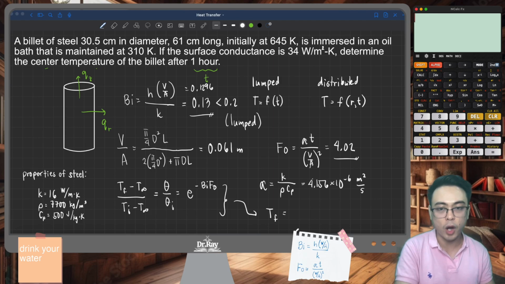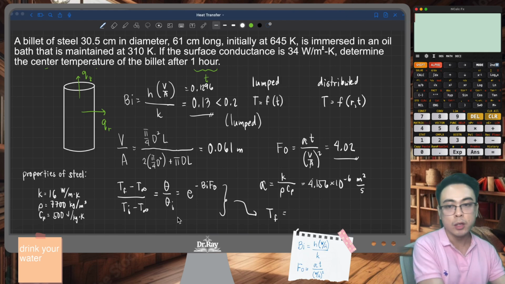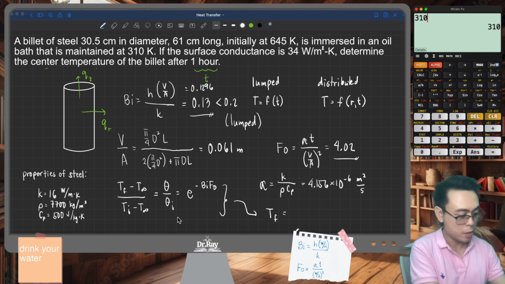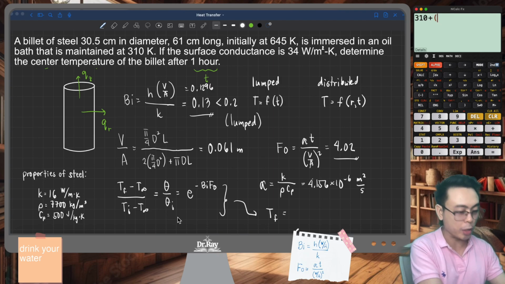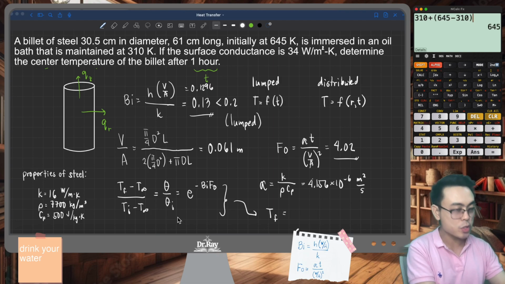But if you want, you can also perform the cross multiplication. So I can calculate that as surrounding temperature 310 Kelvin plus the difference between the initial temperature and the surrounding temperature. That's 645 minus 310 times the exponential of the negative Biot and Fourier number.